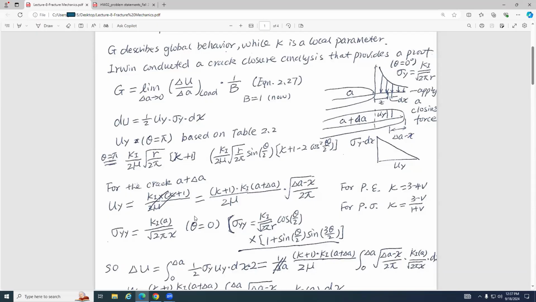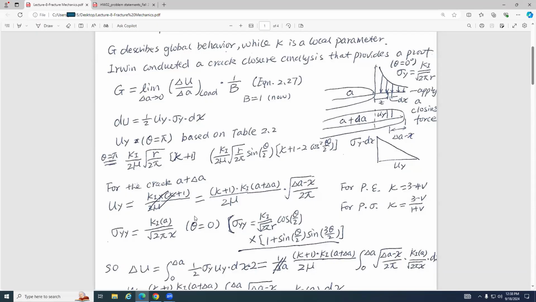How much you need to move? And so you can close. So force multiplied by the displacement, multiplied by 1/2, is the energy you require.